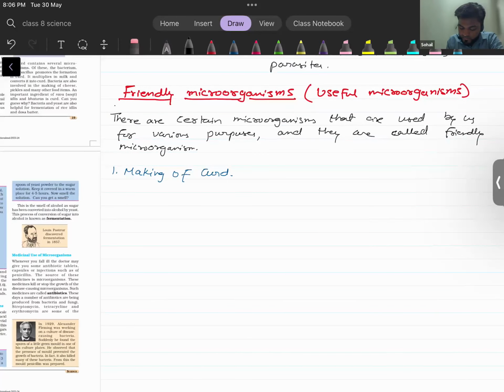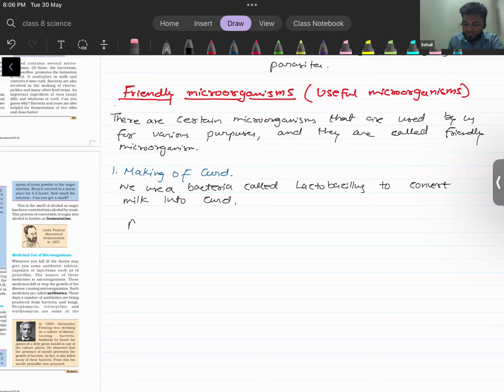So we say that we use a bacteria called Lactobacillus to convert milk into curd. What does the process involve here?